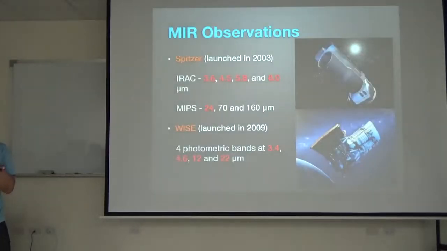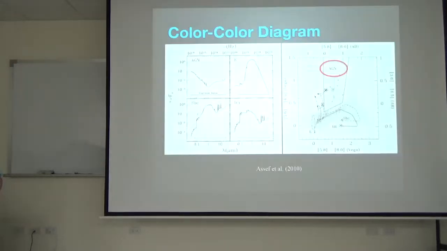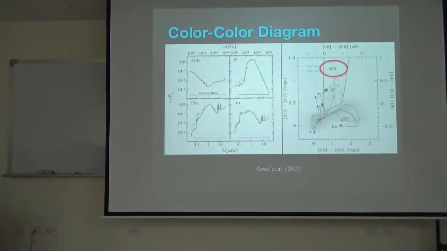Now we have major mid-infrared observatories. We have Spitzer, which has these five filters here. We also have WISE, but you can see there's a gap between 8 and 24, and here between 12 and 22. To select AGN with Spitzer and WISE, the simplest way is to use a color diagram.